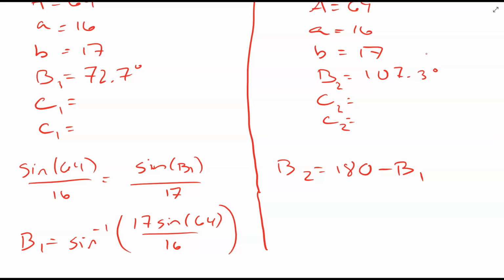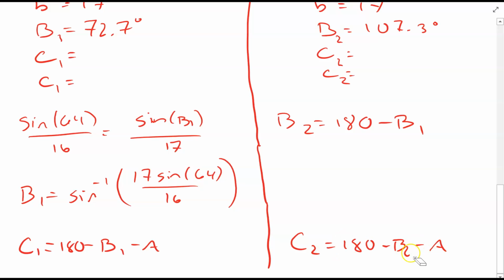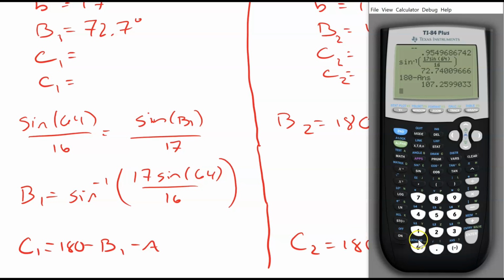Finding angle C then is rather easy. I can just use the triangle sum theorem in each of these cases, but I have to make sure I use the correct value for angle B, since angle B is different in each triangle. So in triangle 1, I have 180 minus 72.7 minus 64.